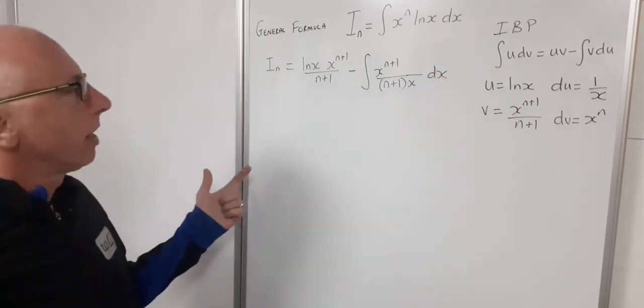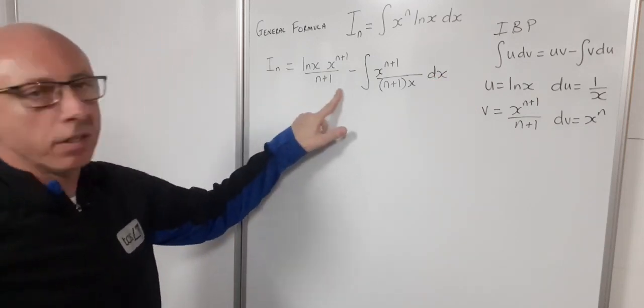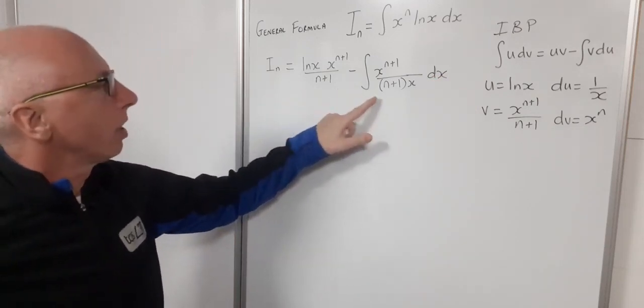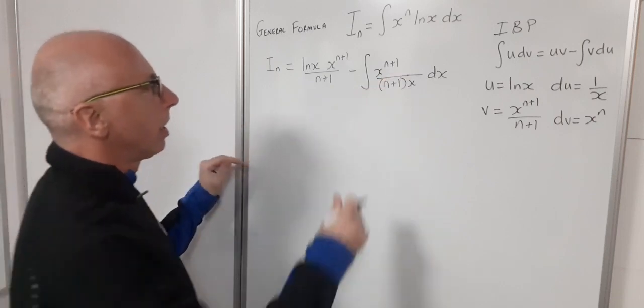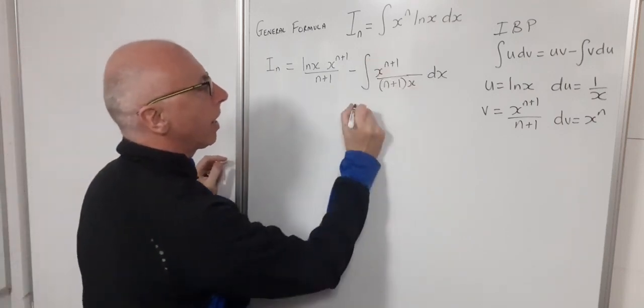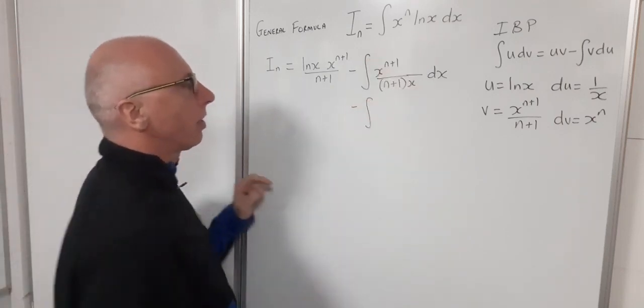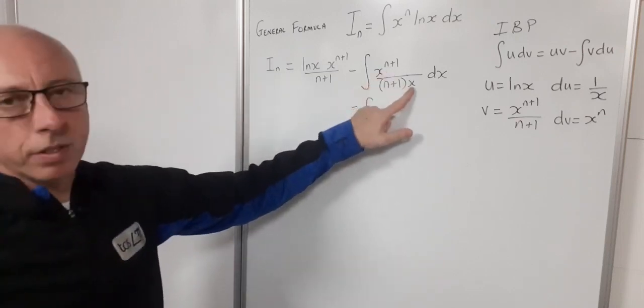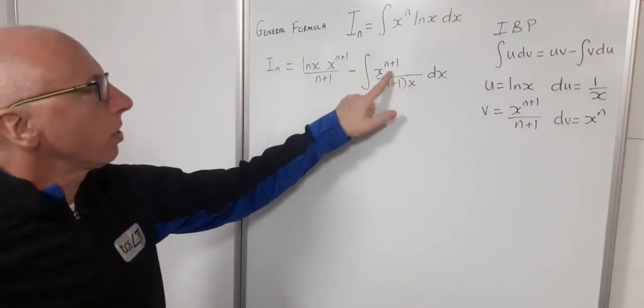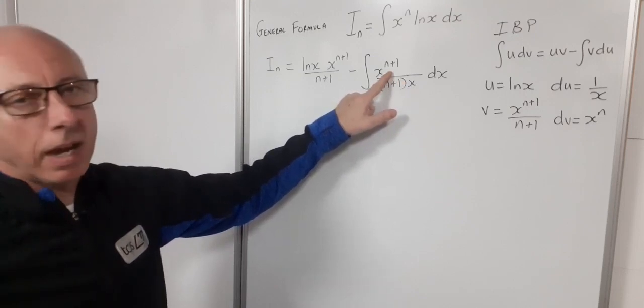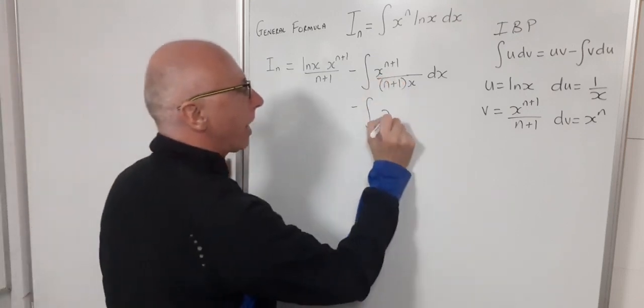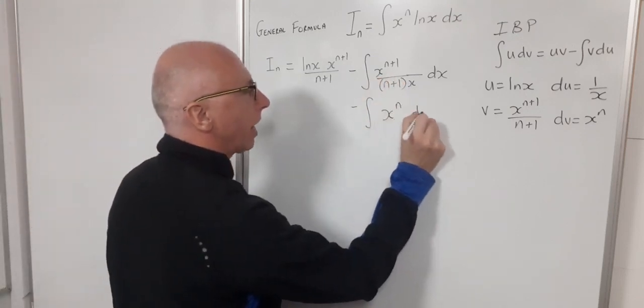Okay, right. Now this is fine, nothing much I can do with that at the moment, but this I just need to tidy up. So I'm just going to bring this one down in a line here. So now I've got x to the n plus 1 divided by x is just going to give me x to the power of n. So now I've got x to the power of n, that's dx.